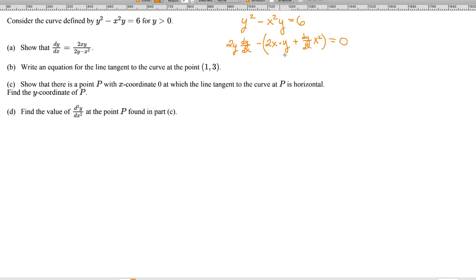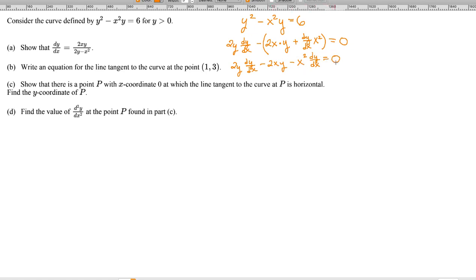Now I want to solve this for dy/dx and make sure it matches what's given. So I'm going to get 2y dy/dx minus 2xy minus x squared dy/dx equals 0.